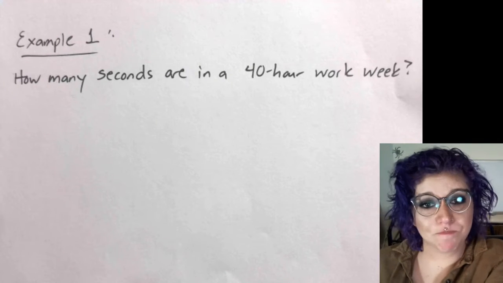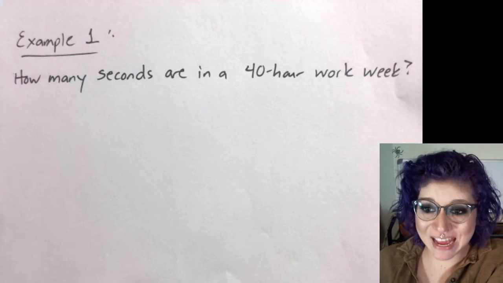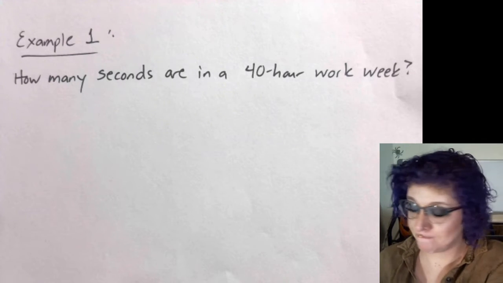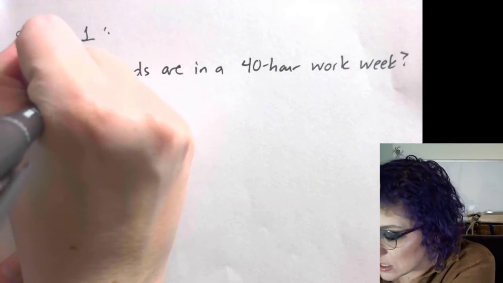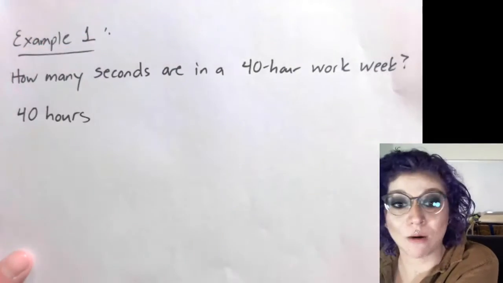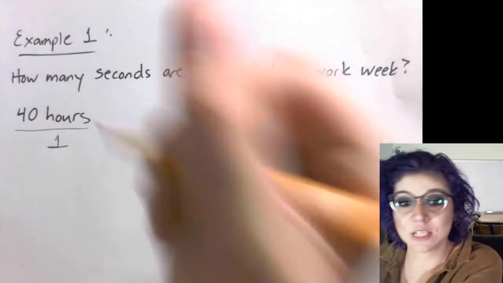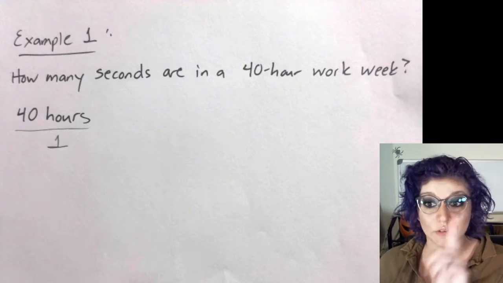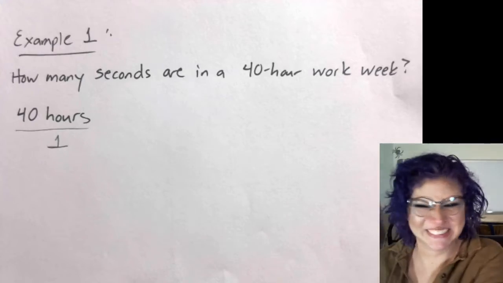So it's just a game of basically crossing out numerators and denominators. Example number 1. How many seconds are in a 40-hour work week? So what we start out with is 40 hours. And again, remember, we can think of this as being over an invisible number 1, right? Fractions have cool properties.